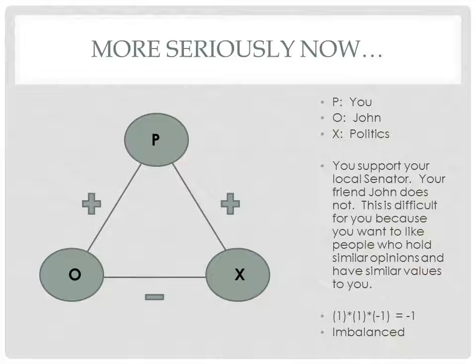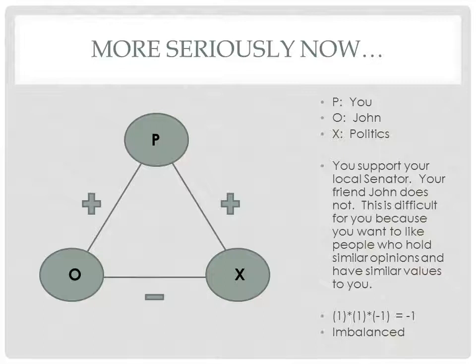So if you look at the equation, if you multiply this out, the positive relationship between me and John times the positive relationship between me and politics, I guess is what we switched over to here, times a negative relationship between John and politics. So I really like this new senator, and John, my friend, really doesn't like this senator. This comes out to be a negative relationship.